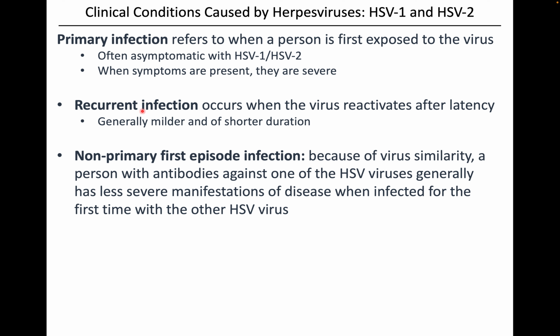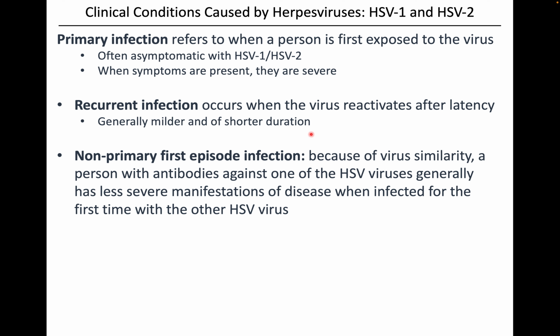So upon initial infection, most people are going to be asymptomatic with HSV 1 and 2, but if you do have symptoms on the primary infection, they're usually going to be pretty significant and severe. And then, as I was mentioning, you're almost always going to have reactivation following latency as a hallmark of pretty much all of these herpes viruses.